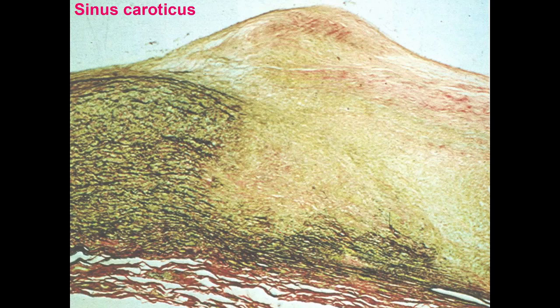On the histology specimen of the sinus caroticus, we will see a narrowing of the tunica media and a widening of the tunica adventitia, and this tunica adventitia will contain many nerve endings.